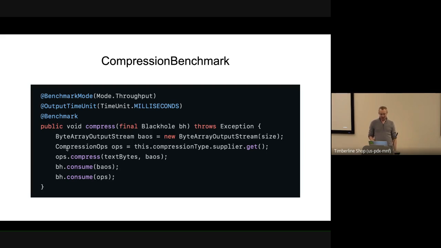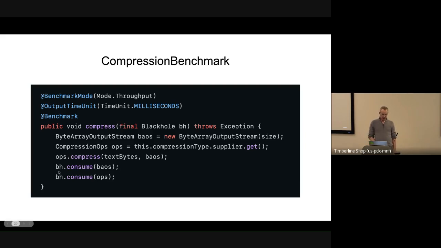I had to write that, but it's an interface. And then I implemented it with some gzip code. And then I call compress on the operation class that will take that array of bytes, 100,000 bytes, run the compression, and then JMH will measure how long that took.